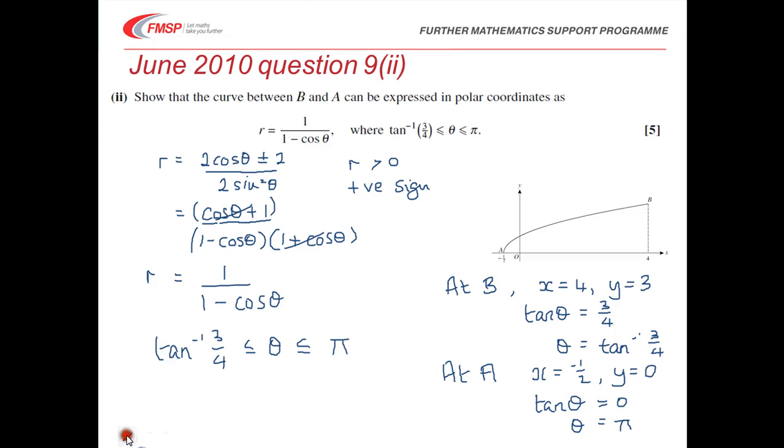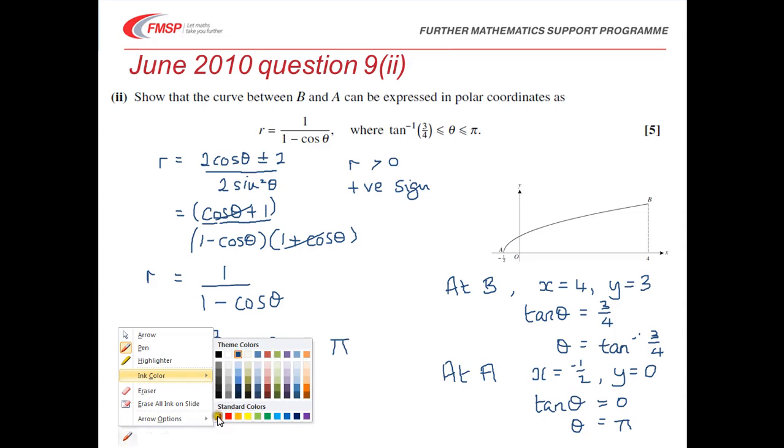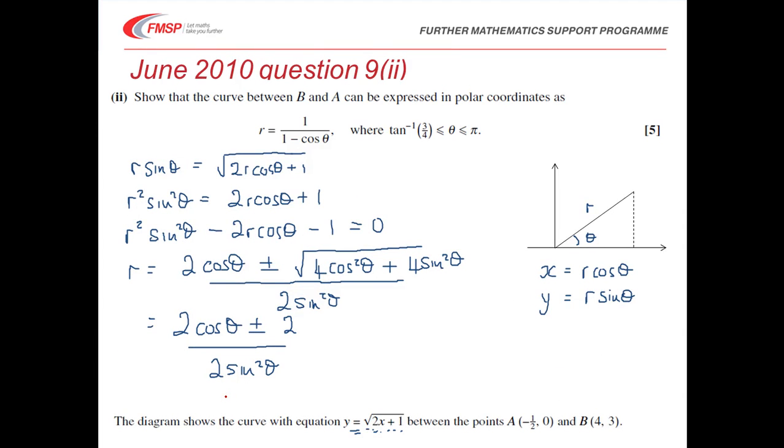So there were 5 marks for that question, and if we just go back and have a little look at how it all happened, we got a mark here for using the right way for converting from Cartesian to polar coordinates.